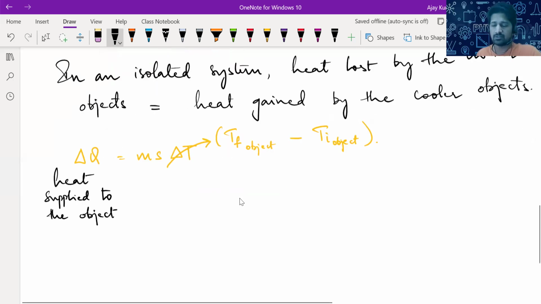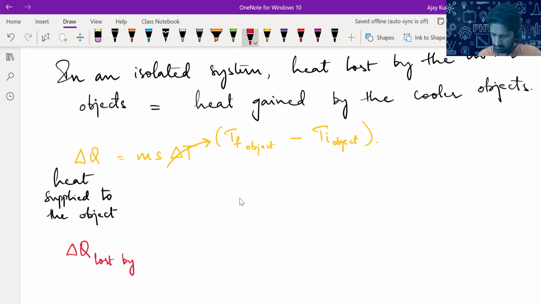Okay. Suppose you want to write an expression for heat lost by an object. This delta Q is heat gained by the object. Okay. Can any of you tell me how you will write the expression for heat lost by an object? The formula for heat gained is m s delta T. What will be the formula for heat lost?